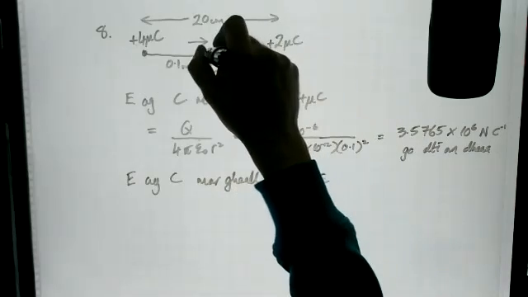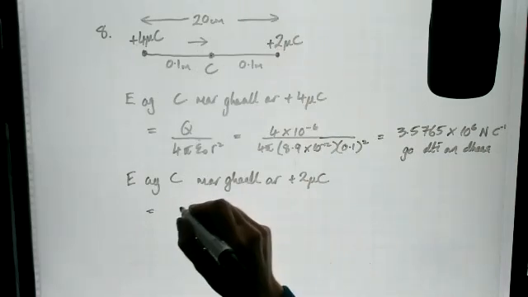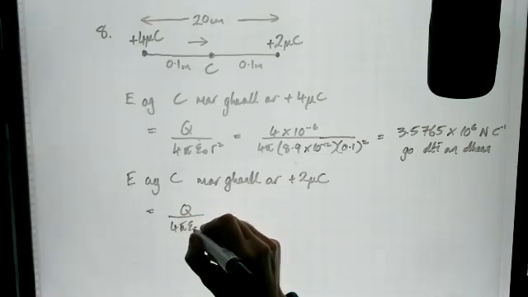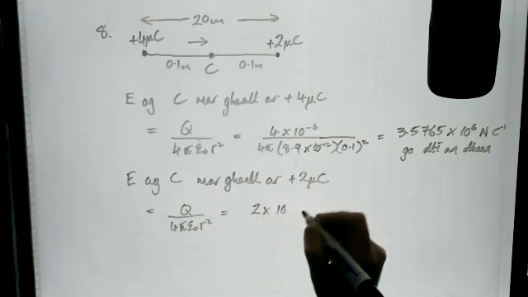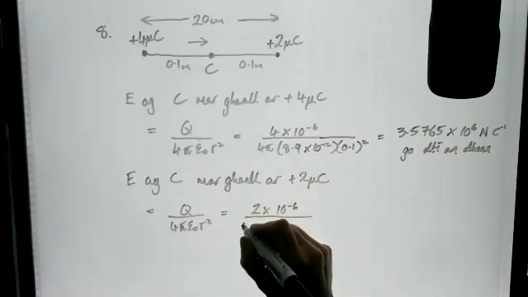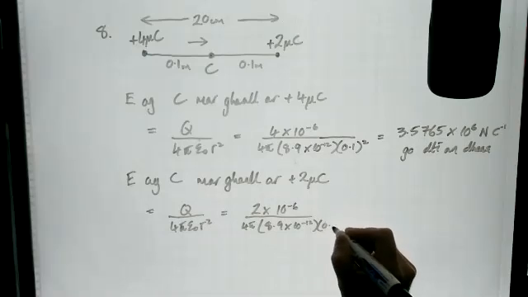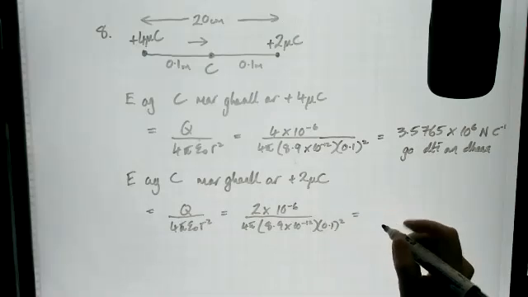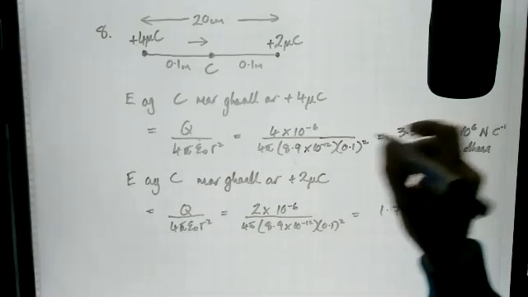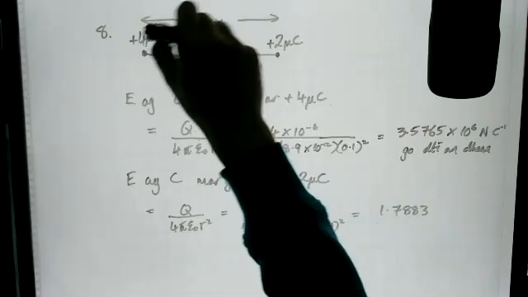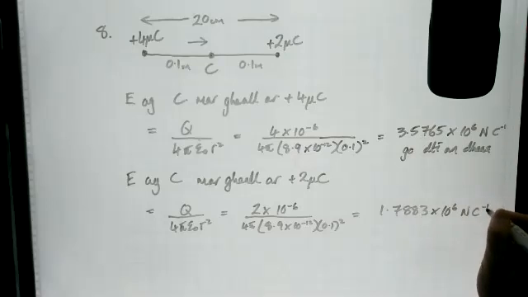Using E equals Q over 4 pi epsilon-naught R squared, with 2 by 10 to the power of -6 over 4 pi times the permittivity of vacuum, 8.9 by 10 to the power of -12, times 0.1 squared, we get 1.7883 by 10 to the power of 6 newtons per coulomb. It is less because the charge is smaller than the 4 microcoulomb charge, which gave 3.5765 by 10 to the power of 6 newtons per coulomb.